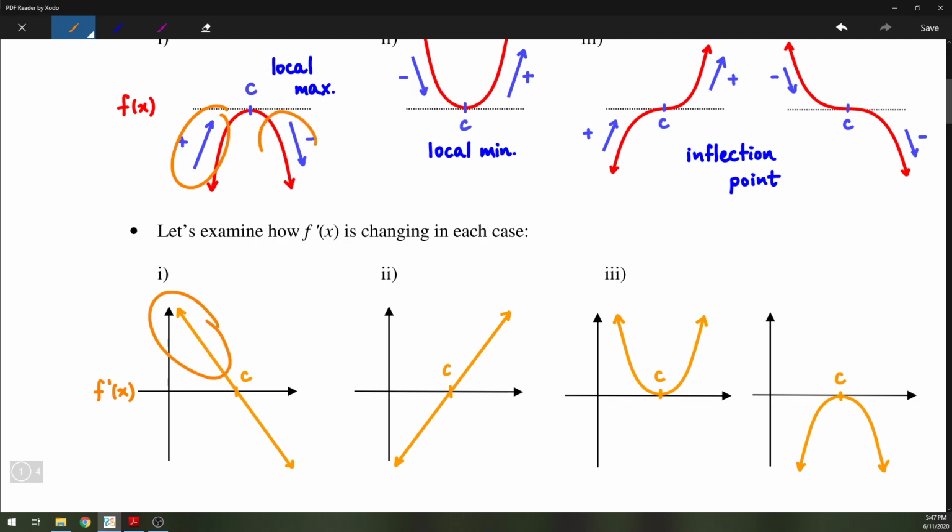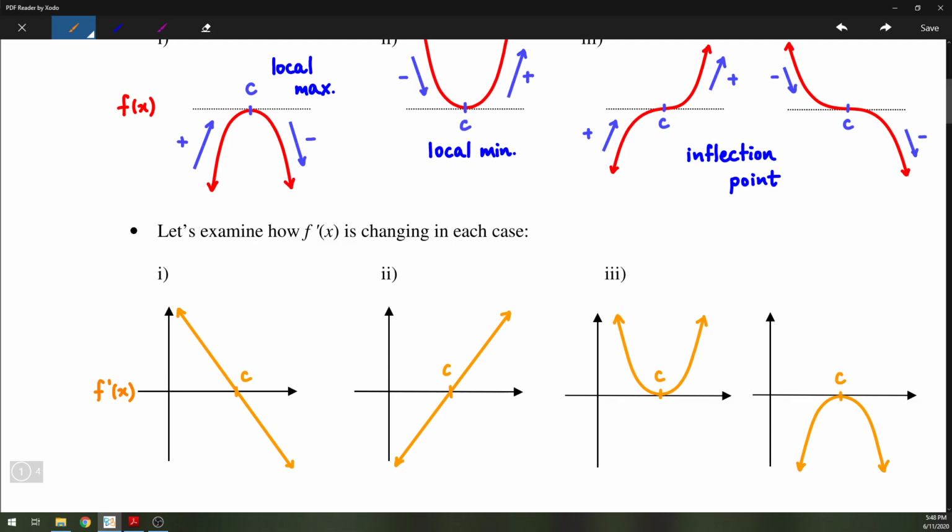Once we're on the right-hand side, the derivative will be negative. And of course, when the tangent slope is 0 and we have our local maximum, that's when the derivative is equal to 0. The same examinations hold true for the rest of these graphs.